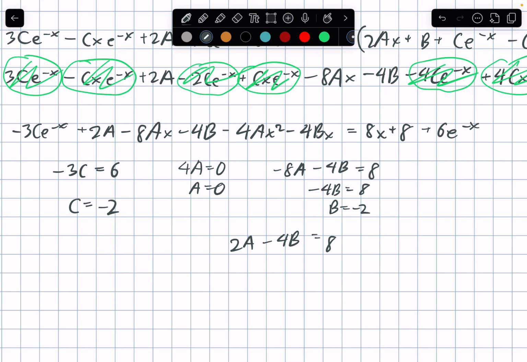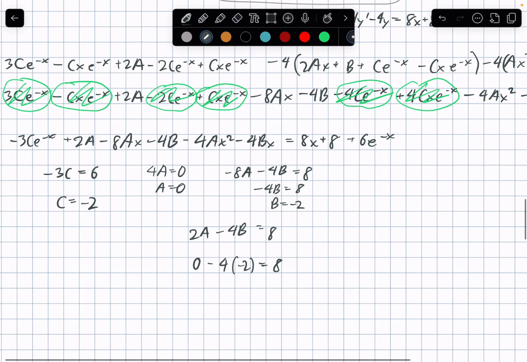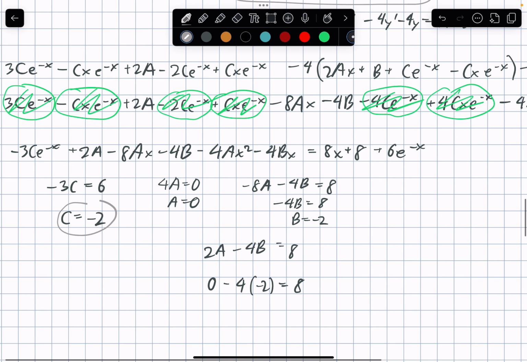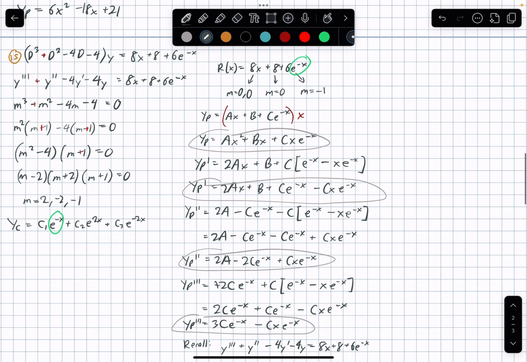Yeah, it just proves that the numbers that we found are correct. Because if we substitute what we already have, 2 times 0 minus 4 times negative 2, that amounts to positive 8. The equation is satisfied. So these are our constants. Let's substitute them back to y sub p.